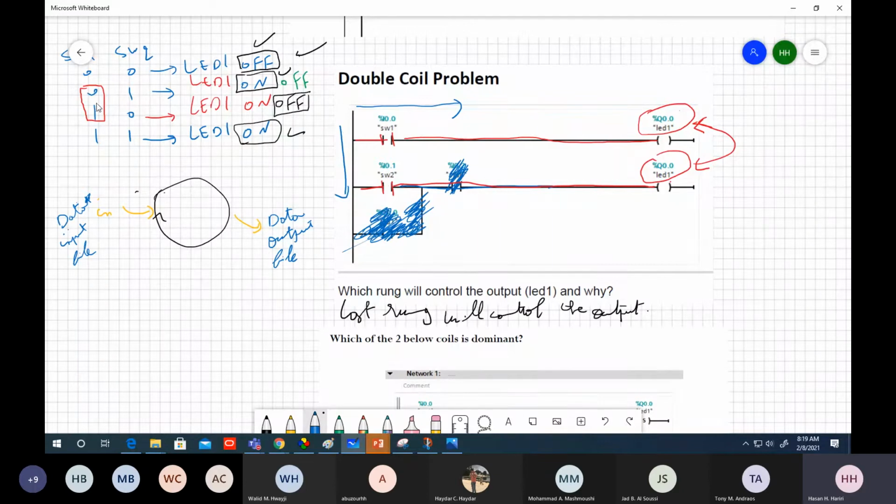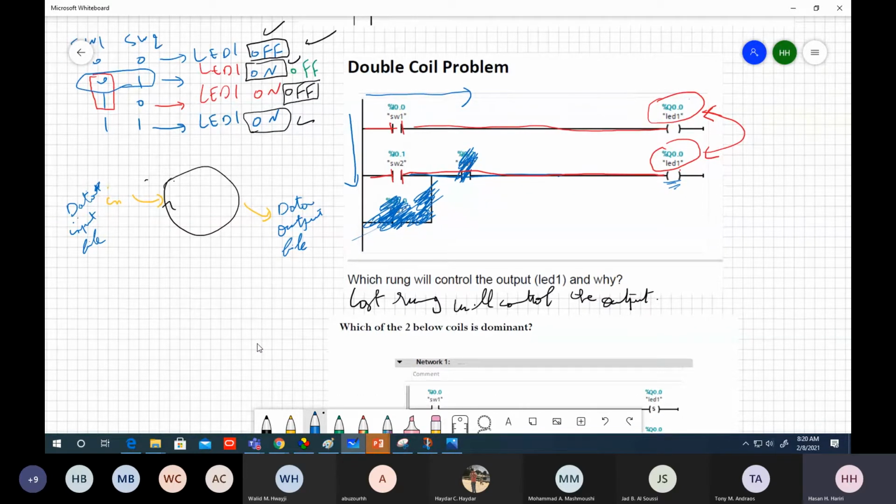Then if that's the situation, switch 2 is closed. So it is 1. Then they replace the 0 by 1, and they store that one in the data output file, which is only one address. So for them now, the data output file takes only whatever is in the last rank. Okay? Any question regarding the last rank one?